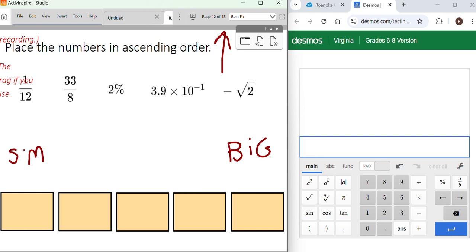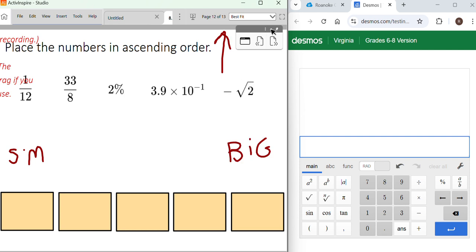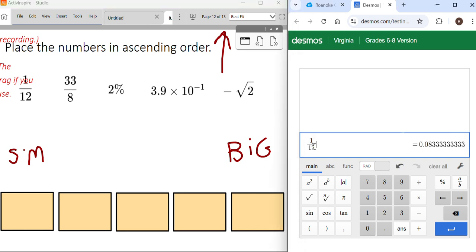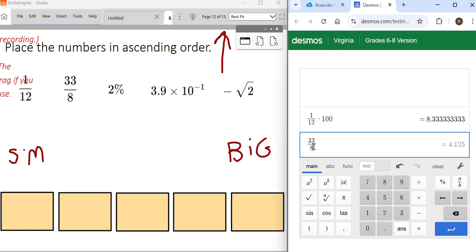Okay, so the first thing I'm going to do is make my stylus work so that I can drag numbers for you. I'm going to put these all in my calculator to begin with. So 1 divided by 12 times 100, because I want it to be a percent. 33 divided by 8 times 100, because I want it to be a percent.